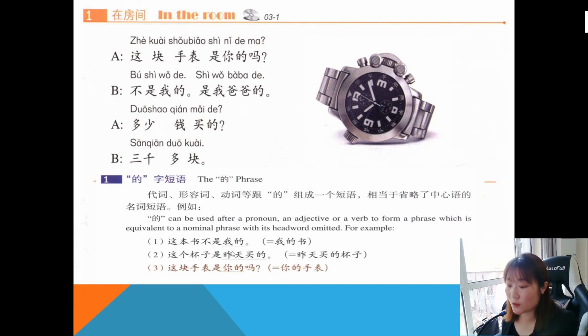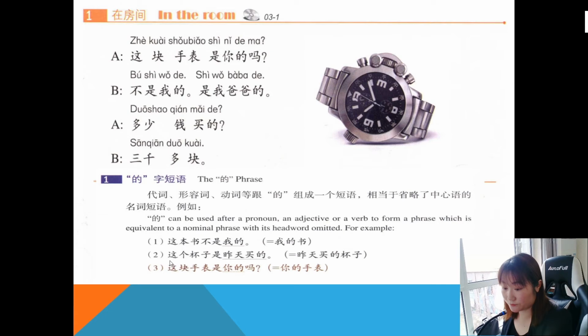For example, 我的 equals 我的书, like in English mine equals my book. The first one, 这本书不是我的, so this book is not mine, and here 我的 equals my book, understand?